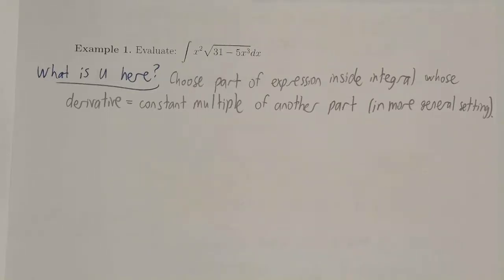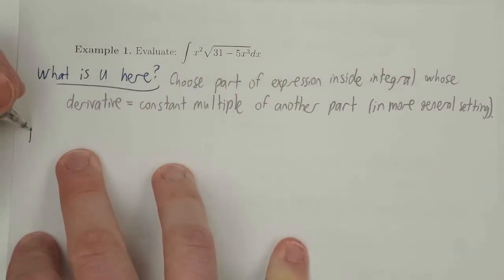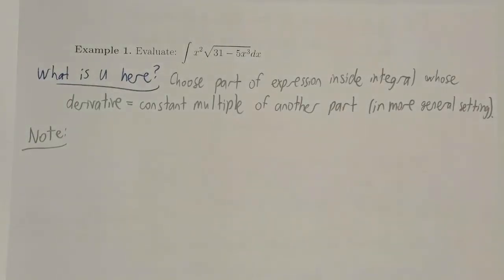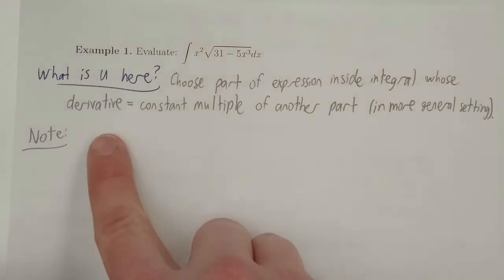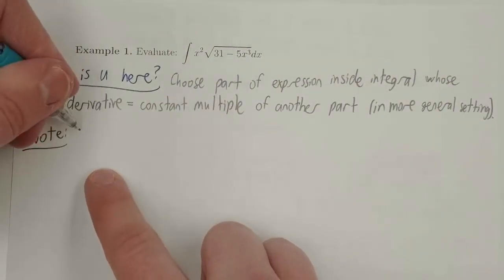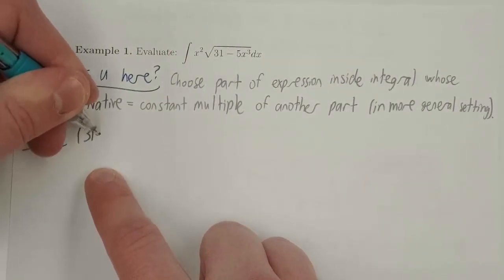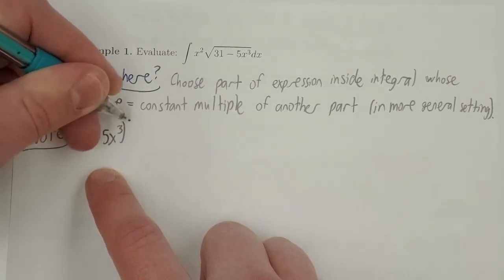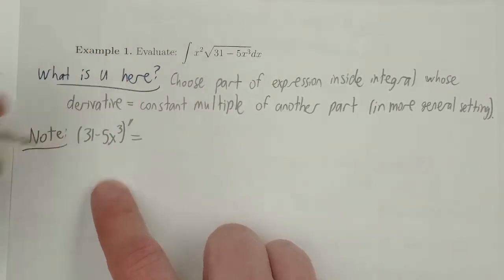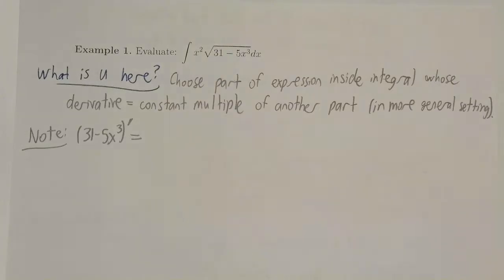So, here's one thing to note. Just to give you an idea of what to look out for, let's take a look at 31 minus 5x cubed. If we take the derivative of this using the power rule, what would the derivative be?